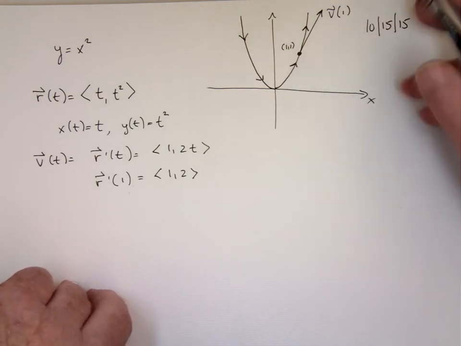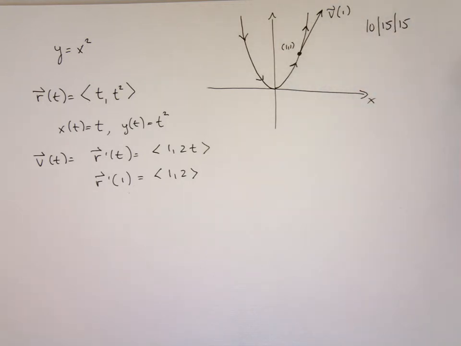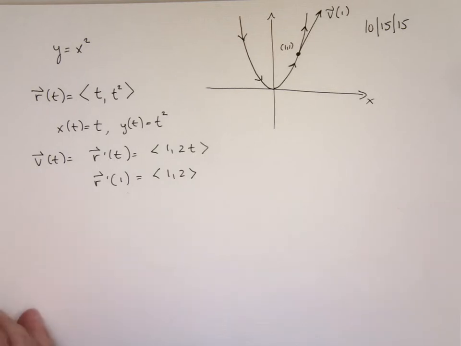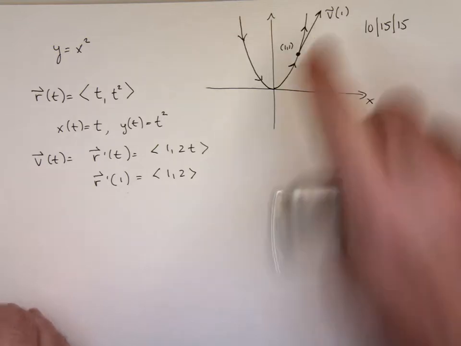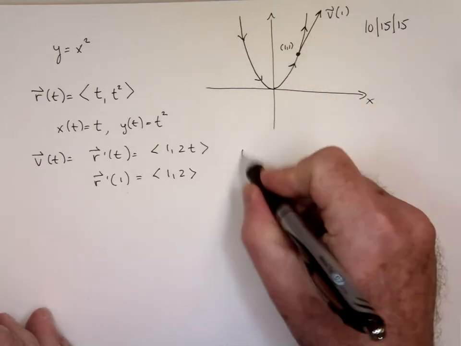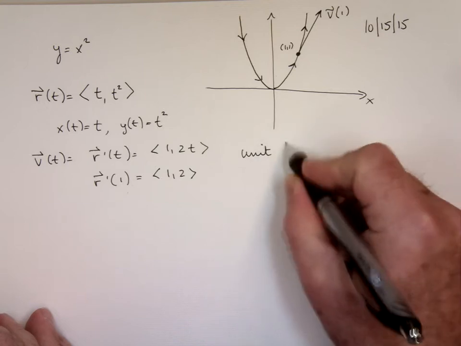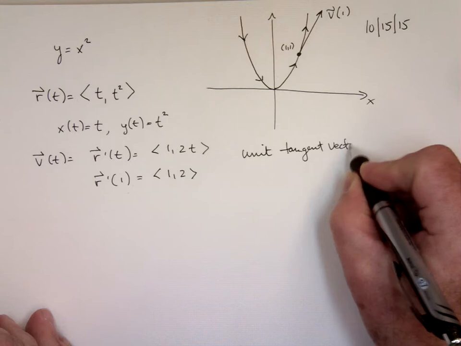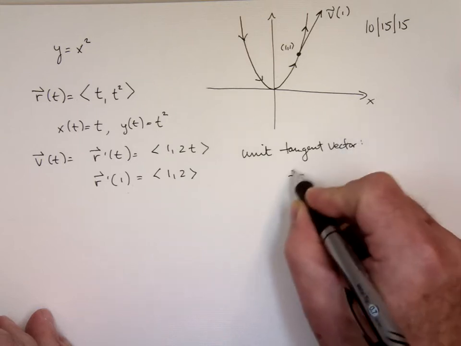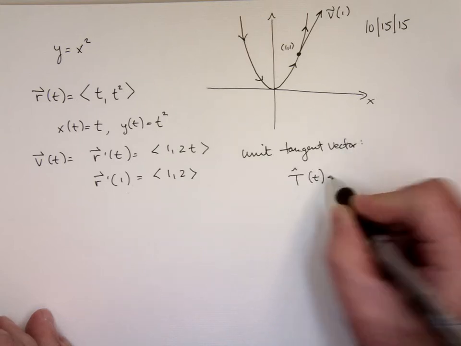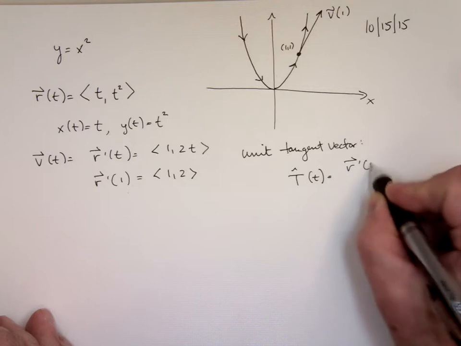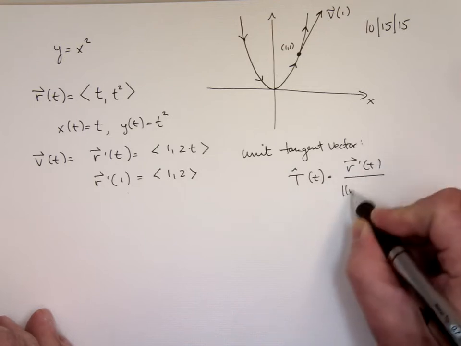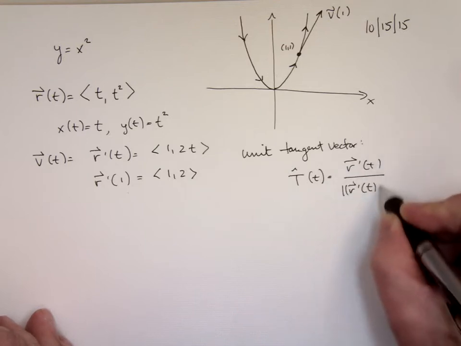This velocity vector is going to be tangent to the curve. There are times, however, when we want to find a unit tangent vector. This is a tangent vector, but a unit tangent vector is defined this way. It's r prime, the velocity, divided by the magnitude of r prime, the speed.